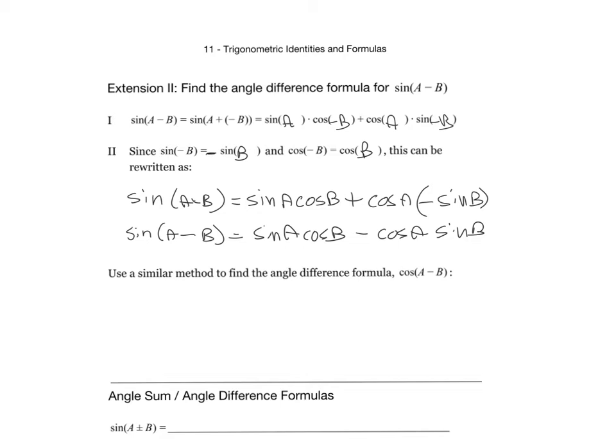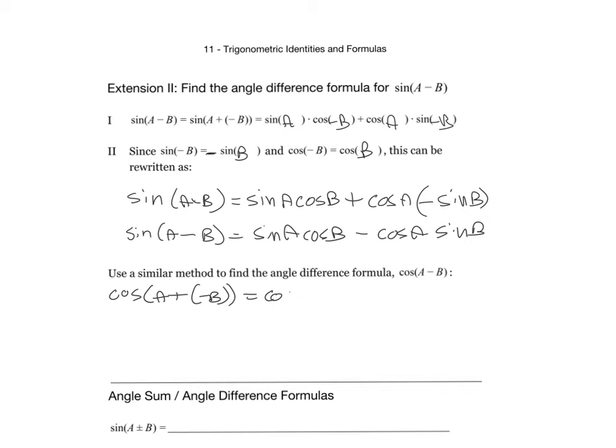Okay, now let's try the same thing on the cosine. So remember, we're going to be doing cosine of A plus, and we're talking about a negative B here. And so the cosine formula for the sum of two angles was cosine, cosine, sine, sine.